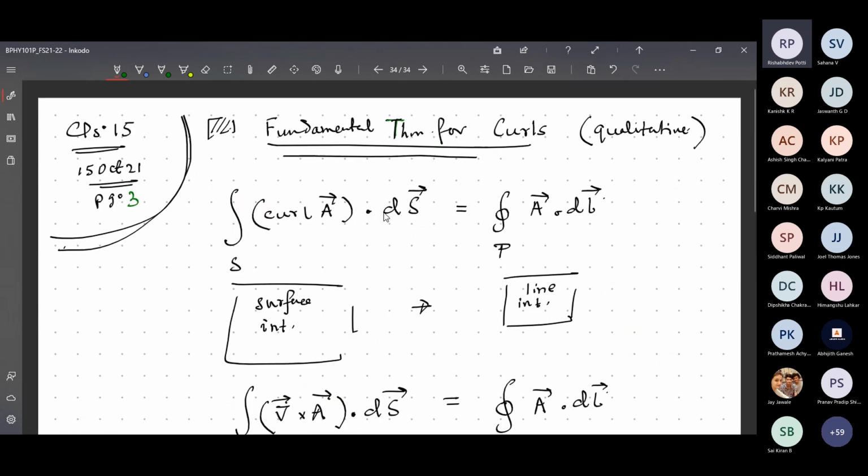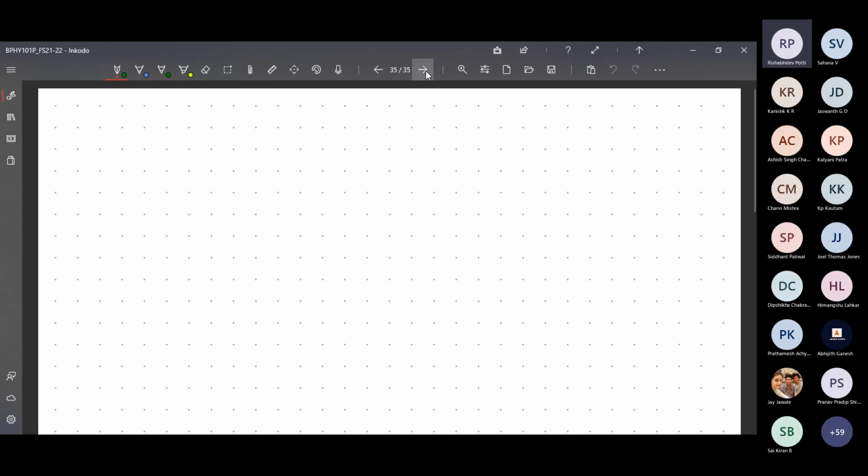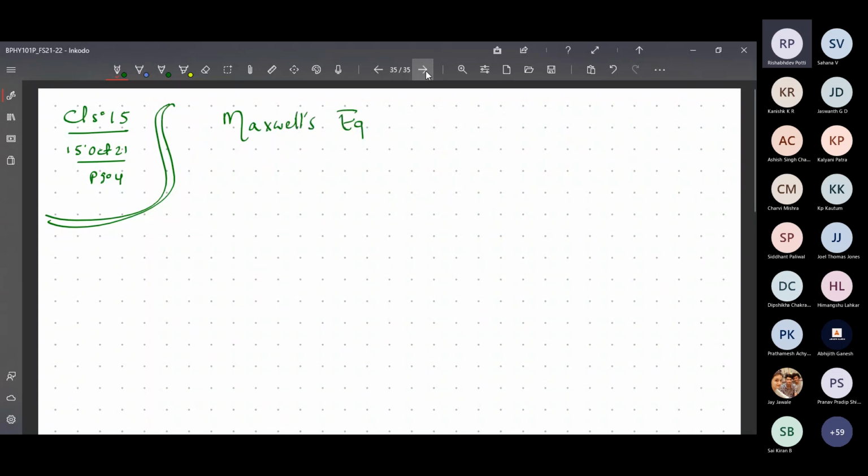Yeah. So I will go for page 4. Class 15. So the first equation, who will tell me quickly?